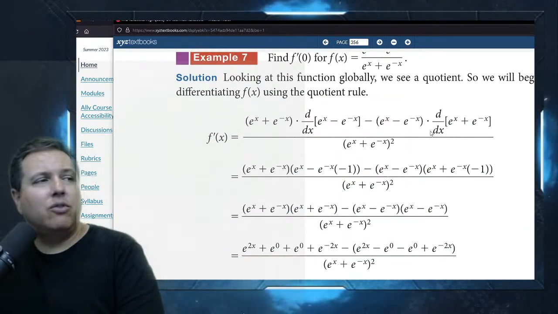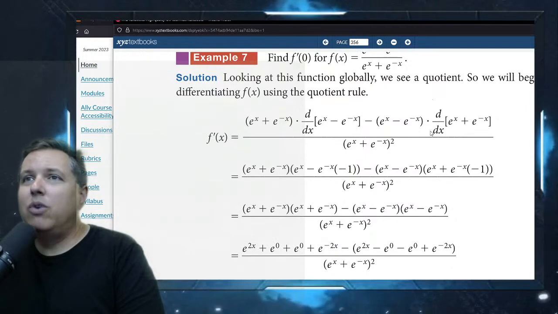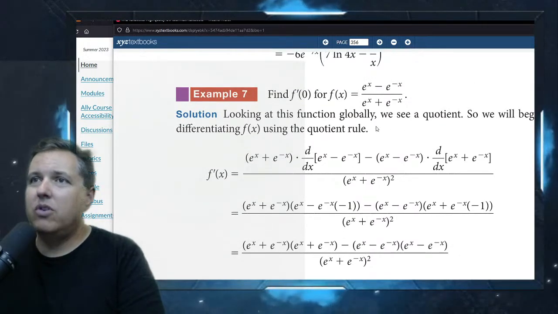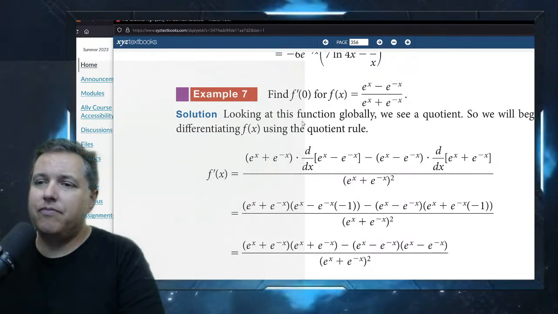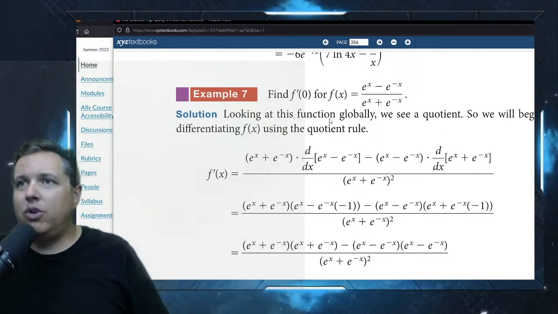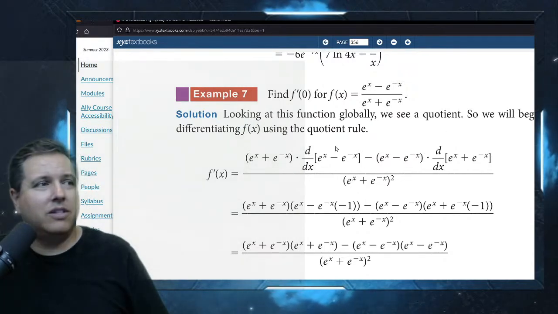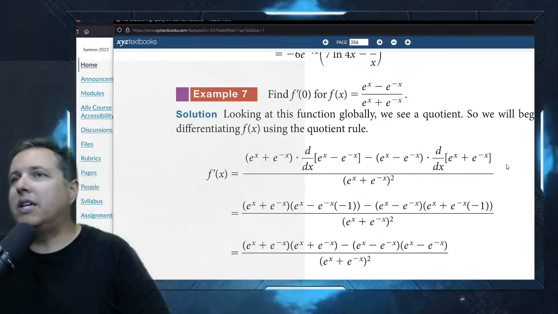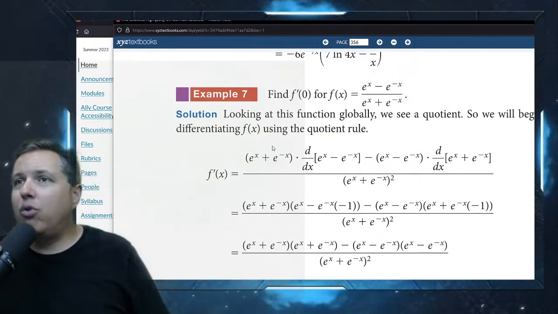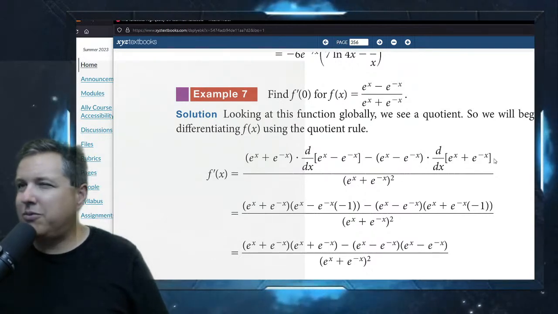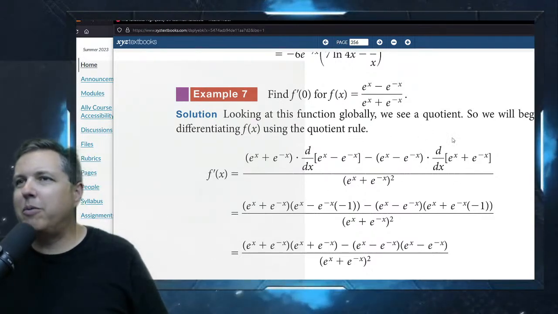All right, then we have number 7, which is kind of a pain, right? So what are they doing? Remember where we used the difference quotient? We're using the difference quotient here, oh no, actually, sorry, I was thinking of a different problem. We're using the quotient rule here, right? It's that complicated formula. This one's a little harder to remember for most people.